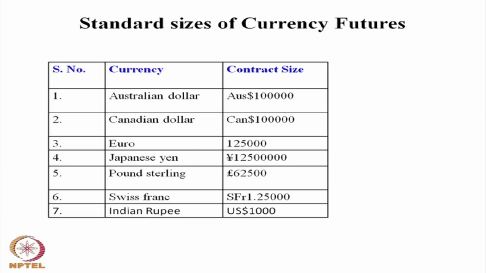Japanese yen is 125,000. Pound sterling is 6250 pounds. Swiss franc is 1.25 lakh. For the Indian rupee, the size of the futures contract is 1000 US dollars. This size is decided by the exchange.